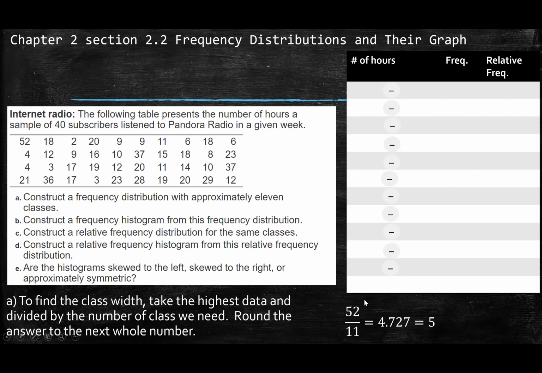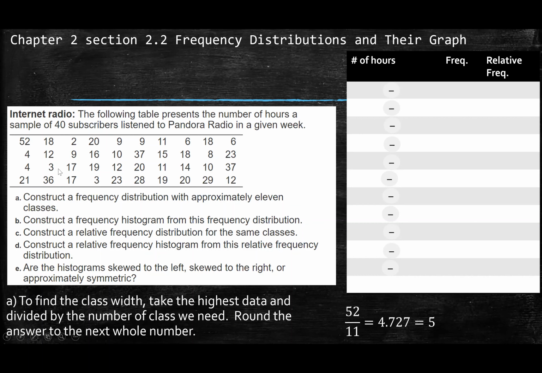So again, it does not hold the same rounding rule as before, okay? The other thing is, if they don't give us the starting point, this author wants to make it easy: look at your lowest data, and then just go a little bit less, to a multiple of 5 or a multiple of 10. In this case, our lowest data is 3, so he just goes to 0.